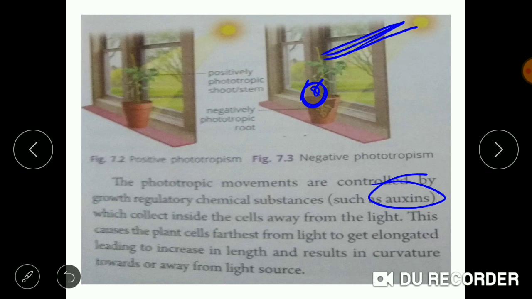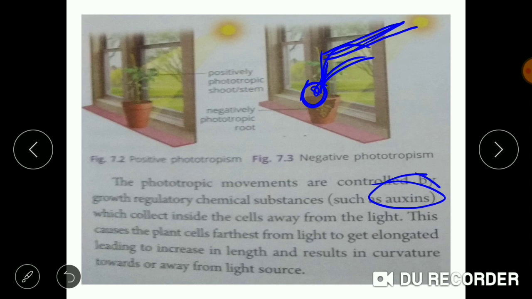When the growth of that shoot region is more, it will lead to elongation of the shoot region, and due to the elongation it will create curvature and lead to the bending of the stem, towards the light or away from the light.